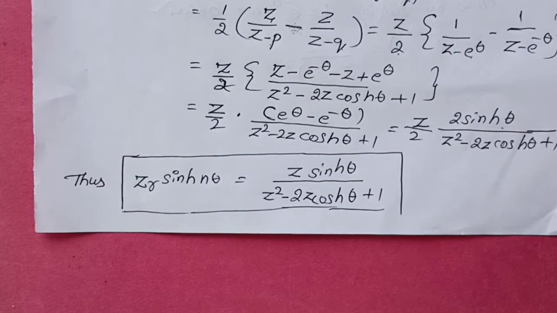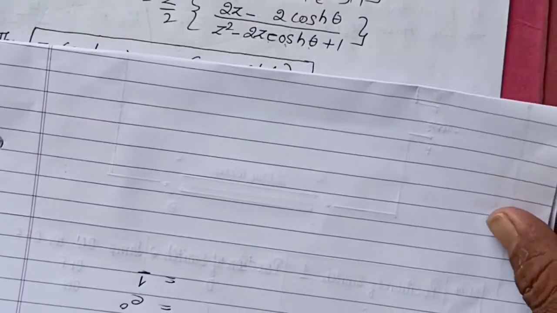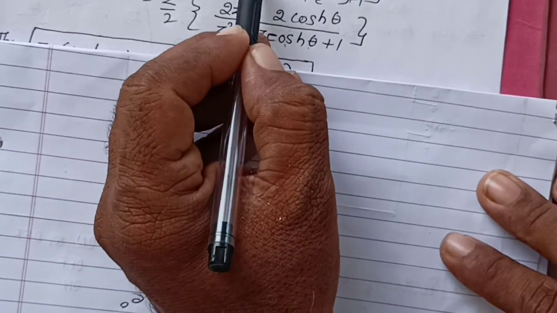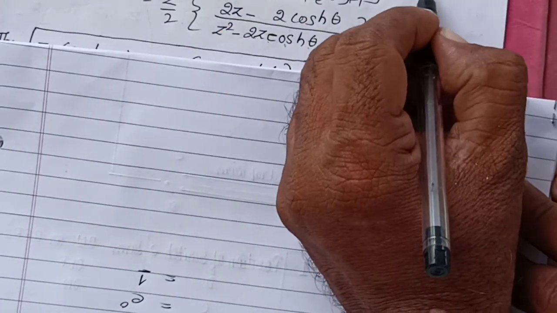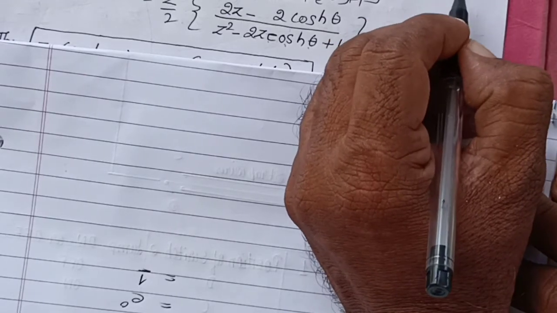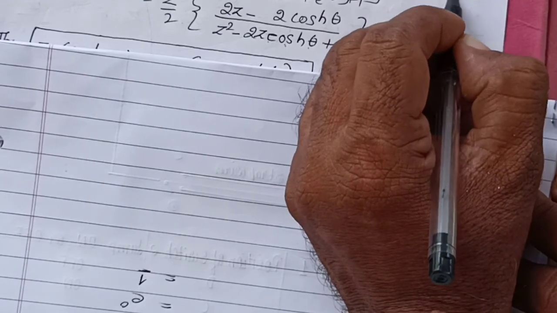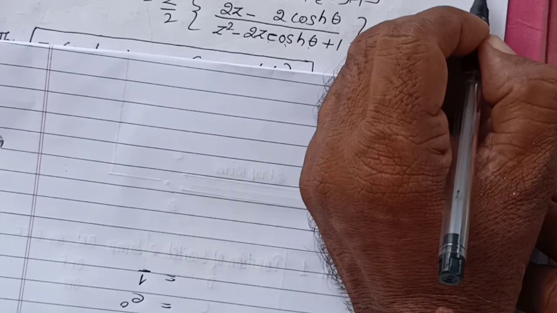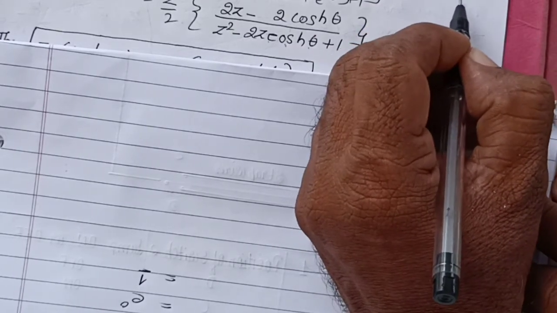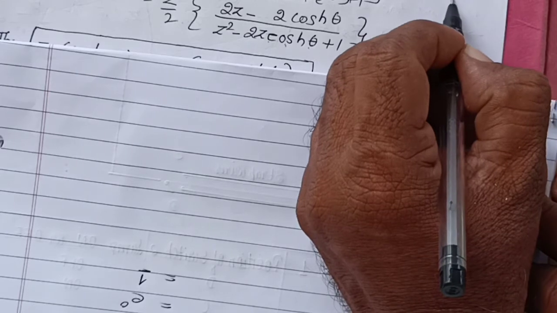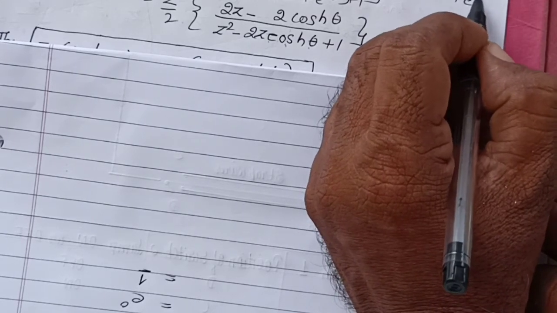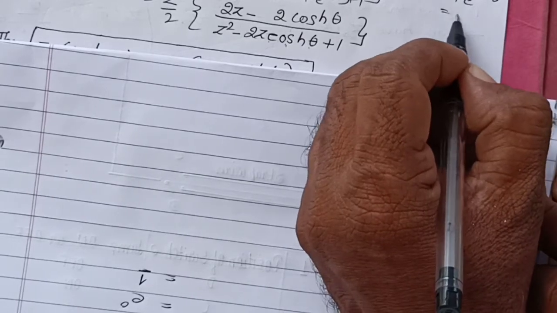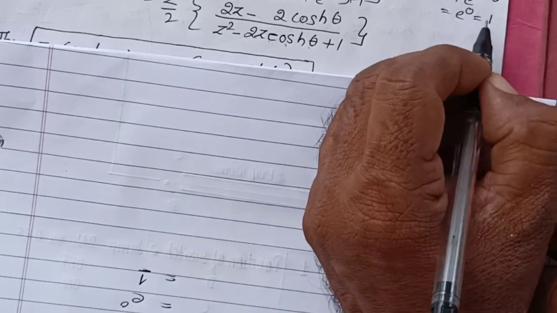I hope you understood this problem. Here I will write one thing, if you are getting confusion: minus e raised to theta into minus e raised to minus theta is equal to, minus into minus plus, it is e raised to theta minus theta, which is e raised to 0, which is equal to 1.